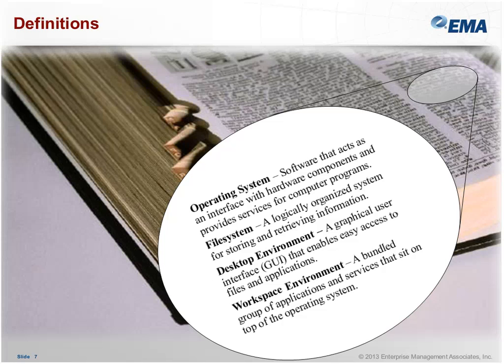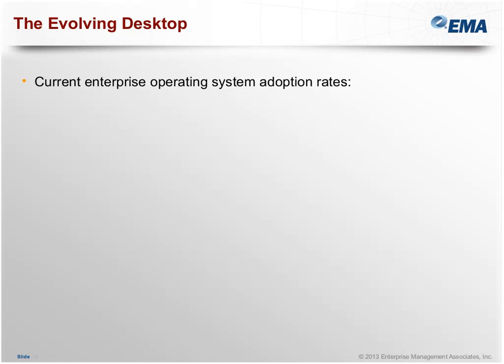Also, Unix and Linux systems sometimes support an operating system without an integrated desktop. And thin clients sometimes run workspace environments without an operating system, file system, or desktop environment. These are simply independent software layers that can be organized in any way to best support a desired user experience.